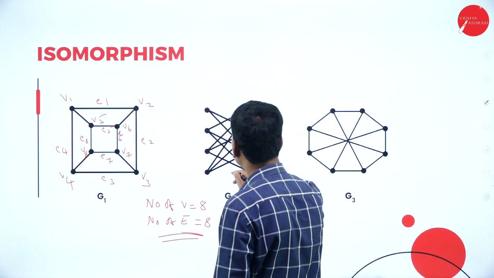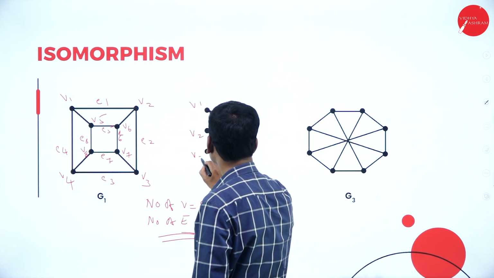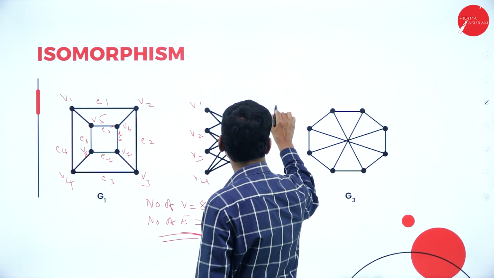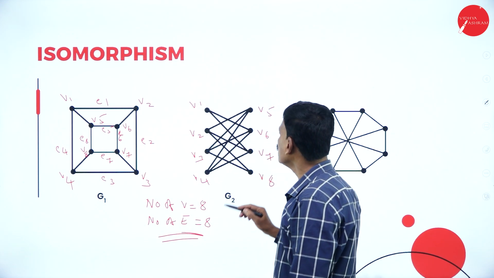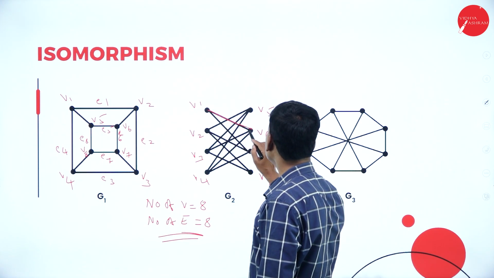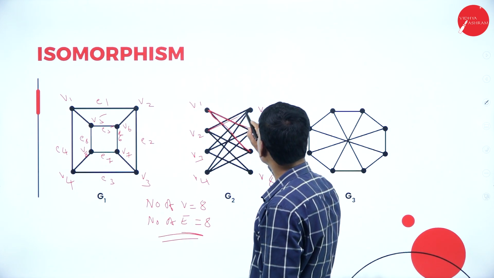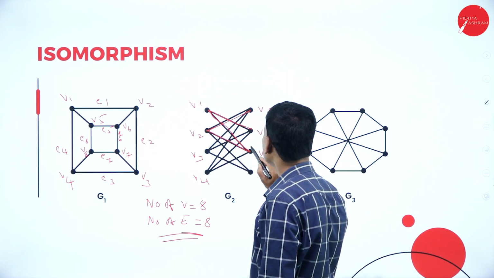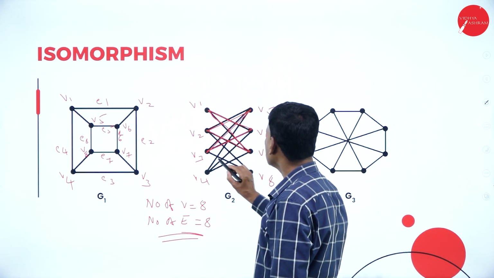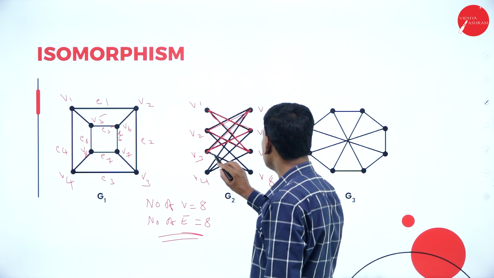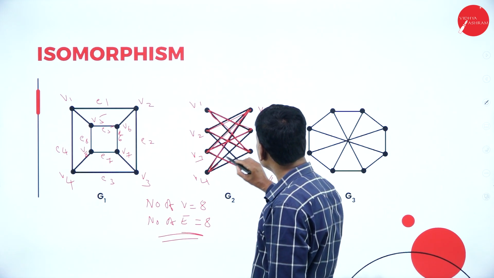Now let us consider graph G2. Here the vertices are V1, V2, V3, V4, V5, V6, V7 and V8. Now let us draw V1 to V2, again V1 to V4, from V2 to V5, from V2 to V7, from V3 to V5 and V6, from V3 to V8, and from V4 to V5 and V6.